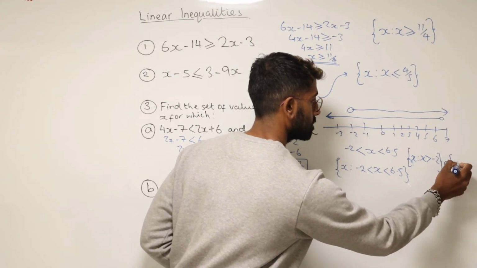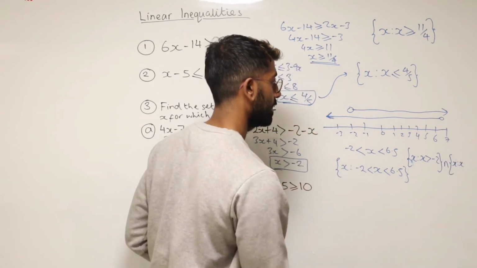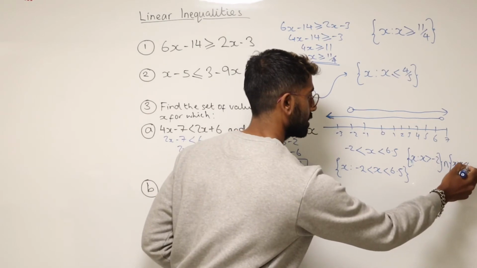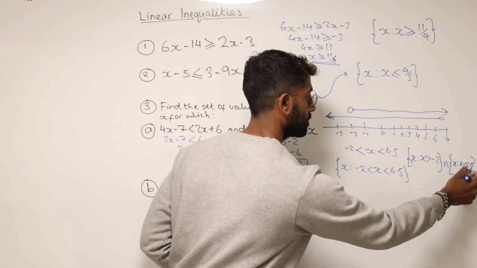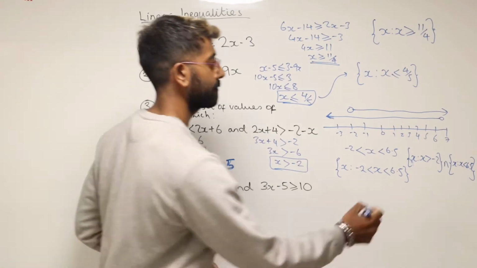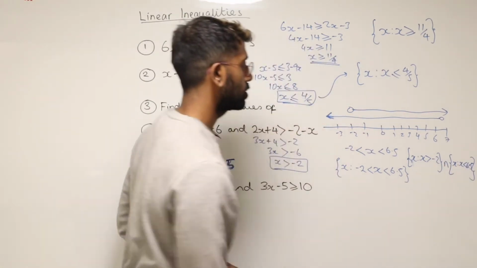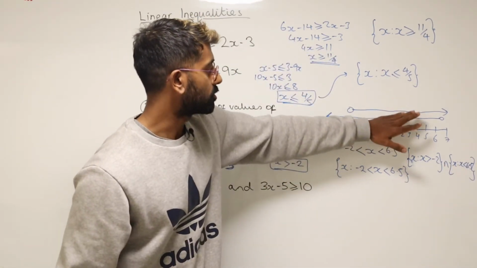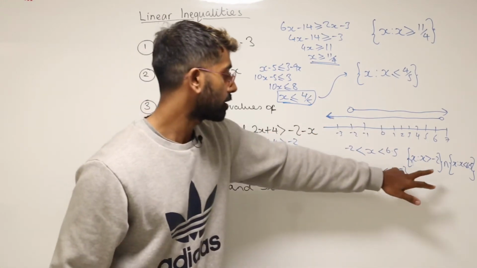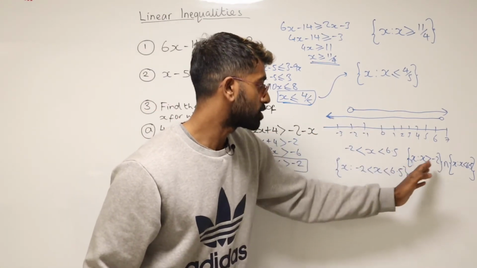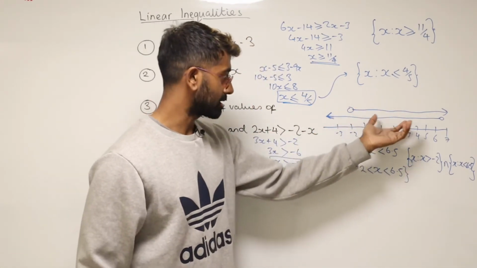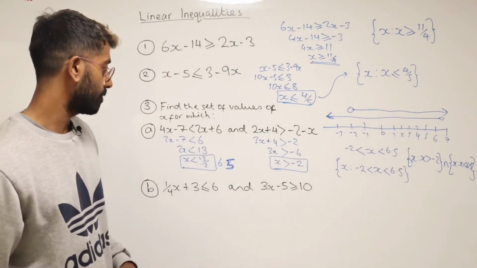And then you have x on this side, and then x is less than 6.5, and then you close that off like that. So just remember, because it's where the two inequalities overlap each other, we can use an intersection sign between the two sets to show that it's that part that we're referring to.